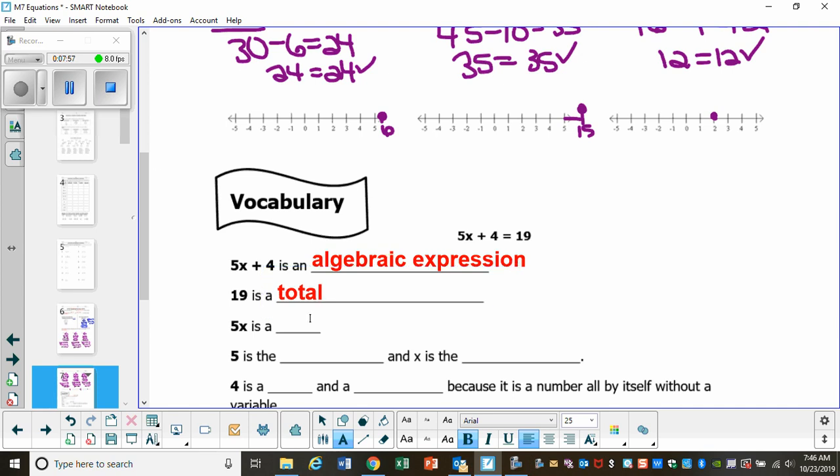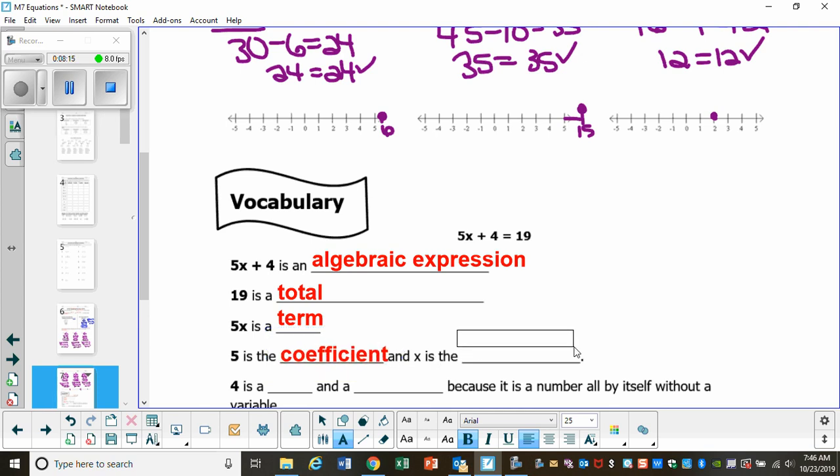5x is a term. 5 is the coefficient. Remember, it's that number in front of a variable, so the coefficient.